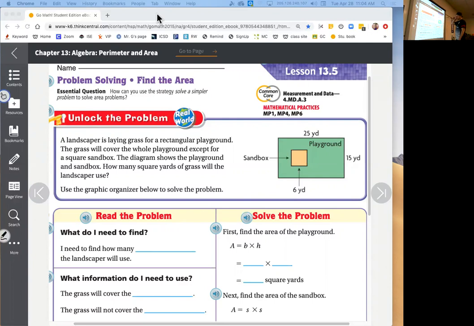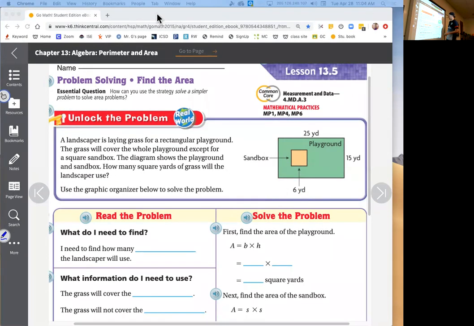All right, so here we go. We are finding the unknown area. It's kind of like what we did two days ago, where you had to find this area and then this area and then this area and add them together.